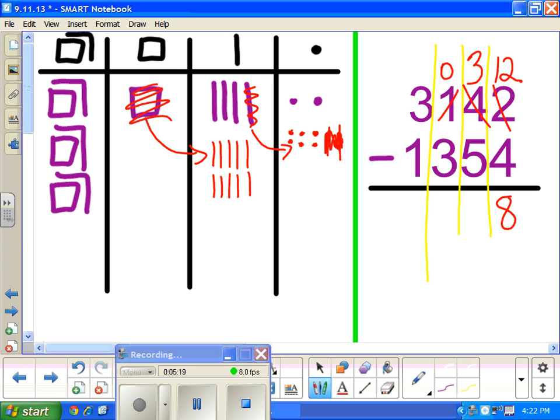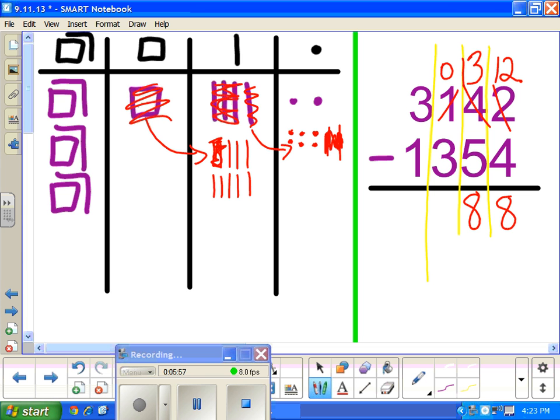So now we have no hundreds, but instead of just three tens, we have 10 more, or we have 13 tens. So now we are able to take off the 5 tens, and that leaves us with 8 tens.